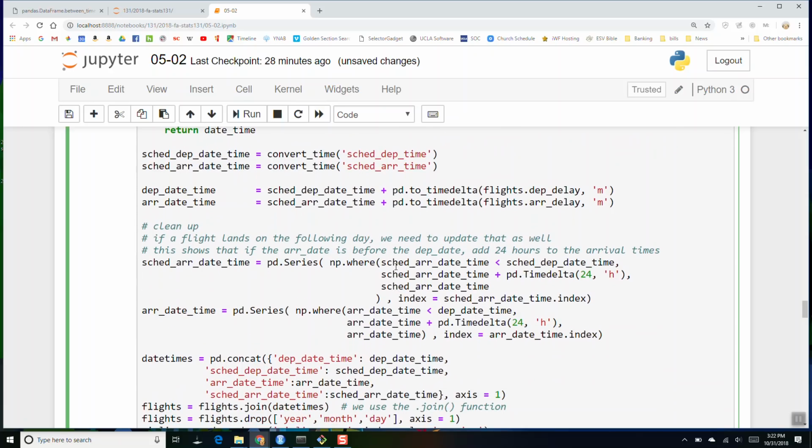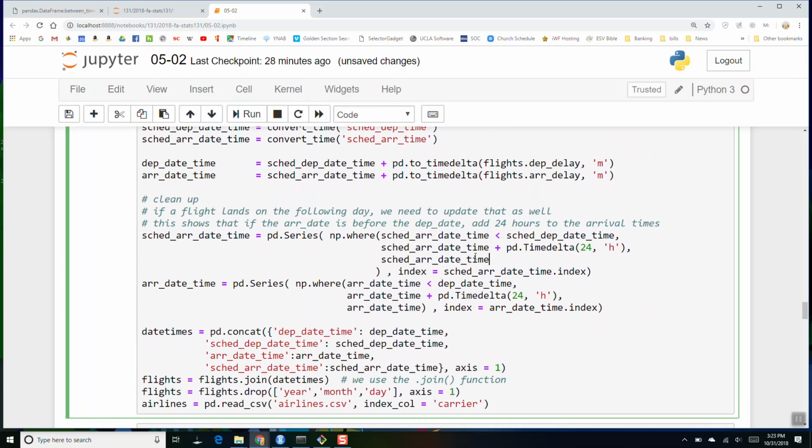And then this part, I run another np.where, and this is a little bit harder to read. For whatever reason, maybe this wasn't necessary. Scheduled departure. Okay, maybe I only need to do it here.